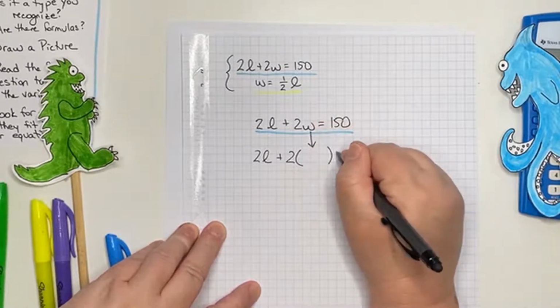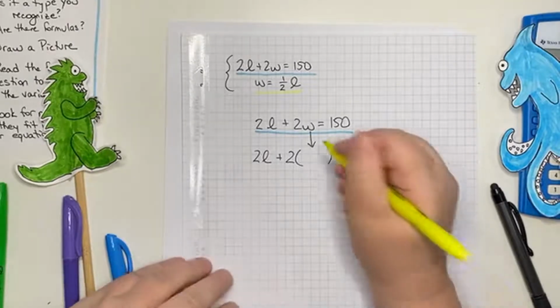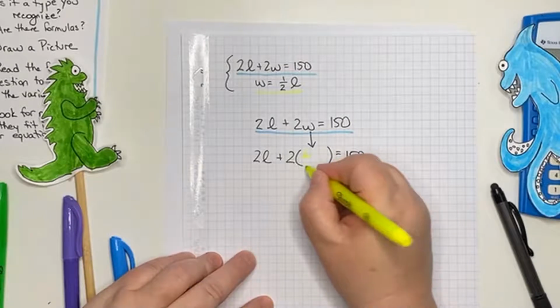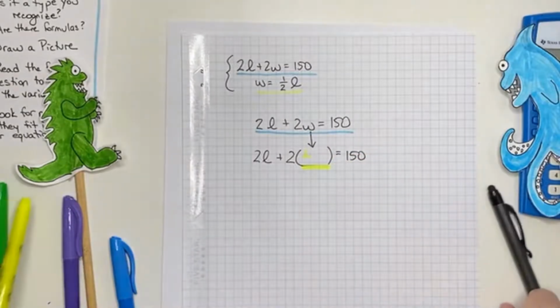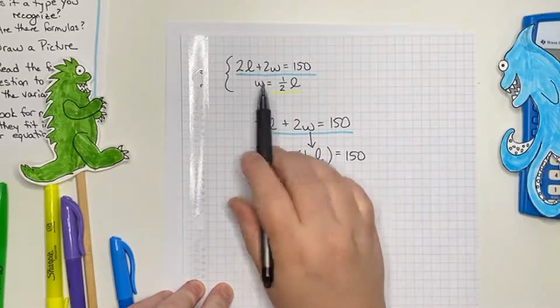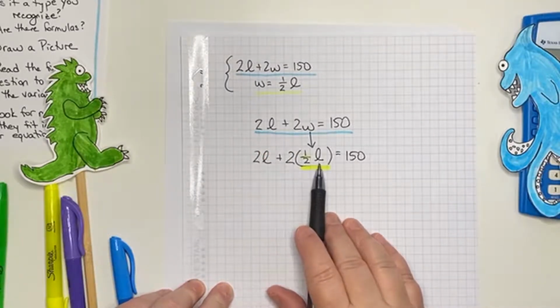In place of one of the variables, you stuff the whole W equals 1/2 L. That's going to be hard to read. Where you see W, I'm going to put 1/2 L.